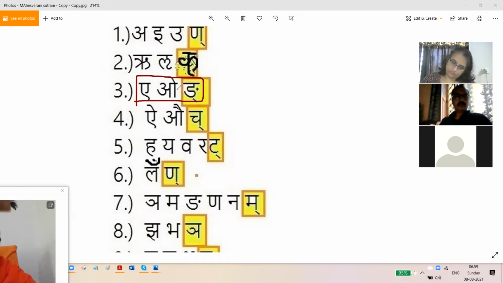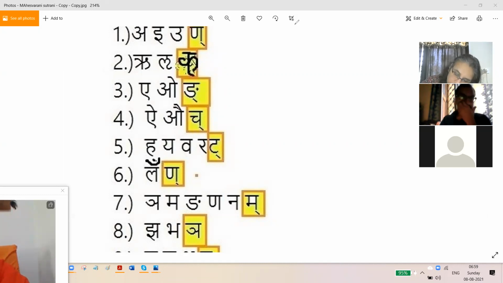Eng means it will include E and O. These highlighted words we should not consider in the alphabet; they are called it letters in Panini's language. But what I said, E and O followed by a, then a is elided.